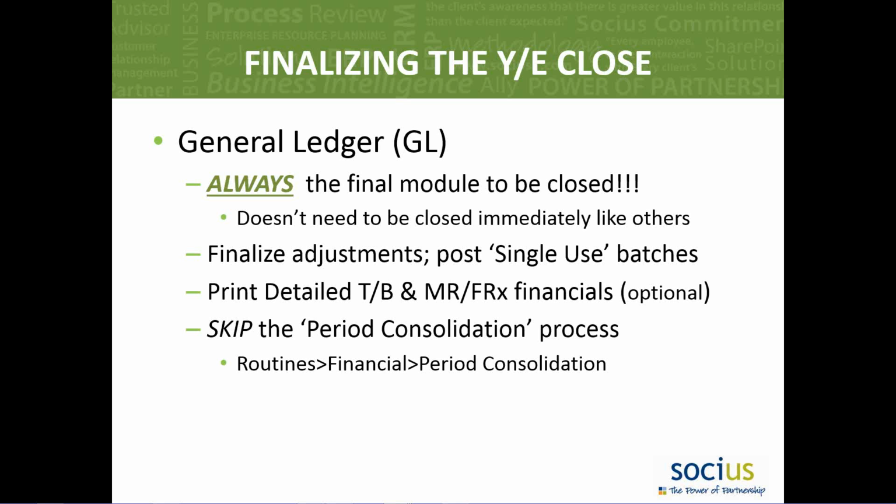So you'll need to finalize any adjustments and post your single-use batches. Typically, you would print a detailed trial balance and any Management Reporter, or maybe some of you are still on FRX financial reports. Okay? And then you skip the period consolidation process.